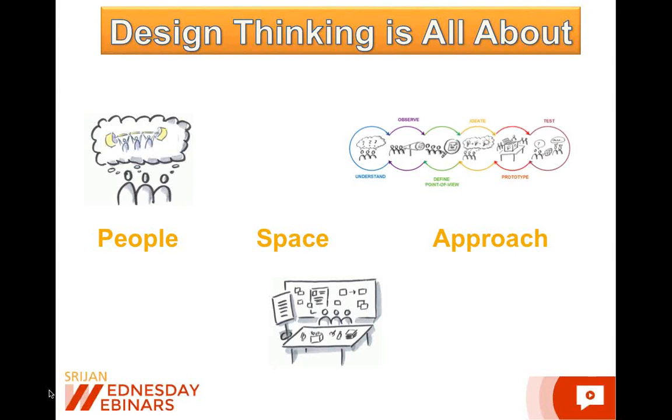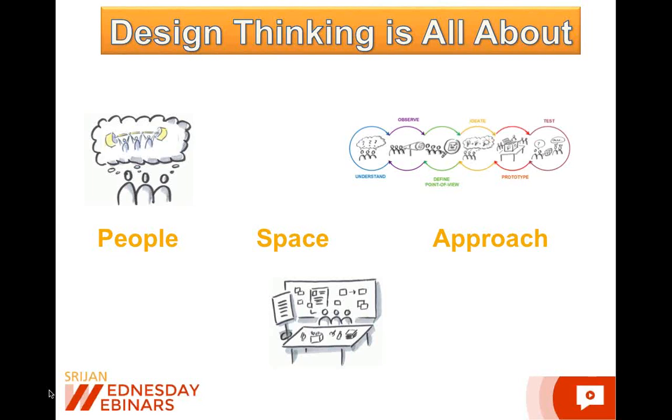Design thinking is all about having the right kind of people, giving them the right kind of space, and giving them the process which they can use to come up with some really great products. When I talk about people, I'm talking about T-shaped people, where we have people from different fields who have in-depth knowledge about their particular field, but also understand a lot about the other aspects of business.